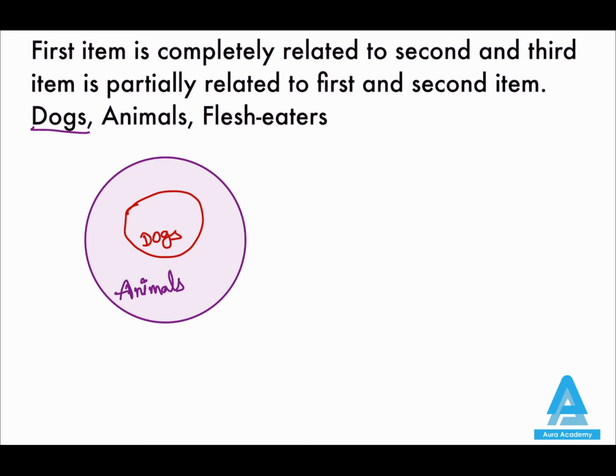No, you cannot. So we will represent that by this. Okay, this is flesh eaters. You can say that carnivorous. Okay, because not all the animals are flesh eaters and not all the dogs are flesh eaters, but some of the dogs and animals are flesh eaters.